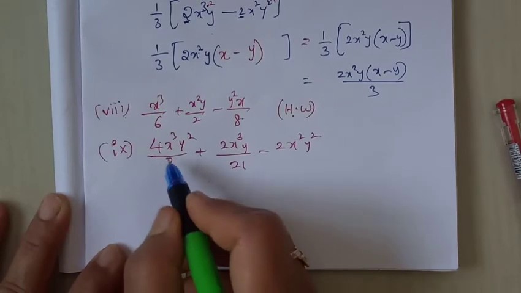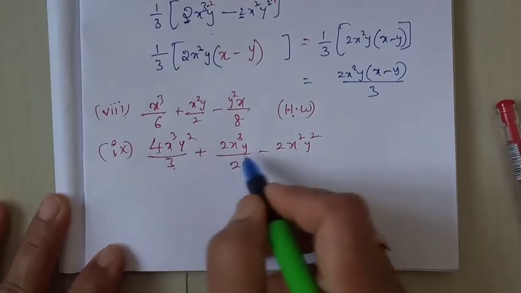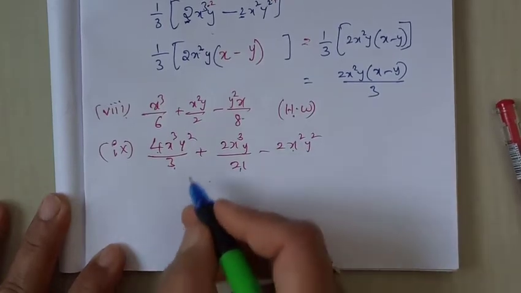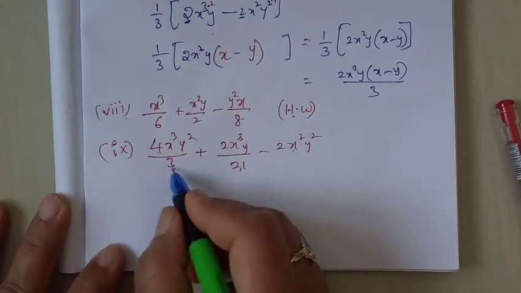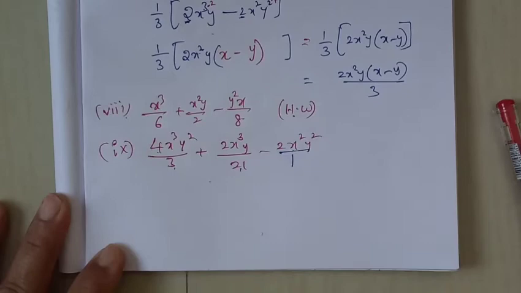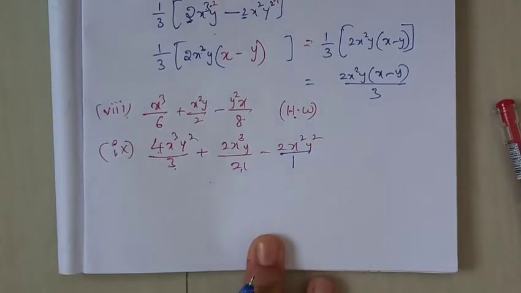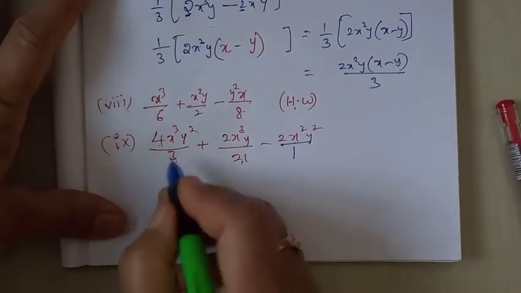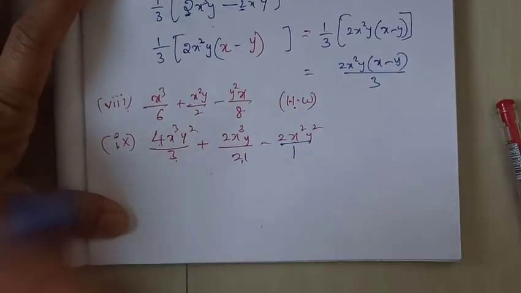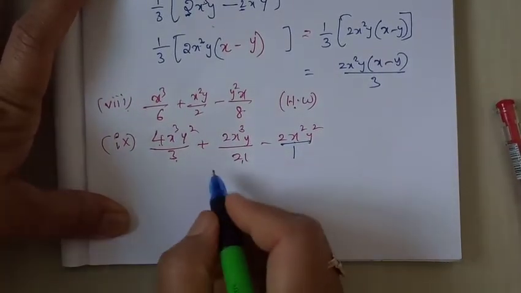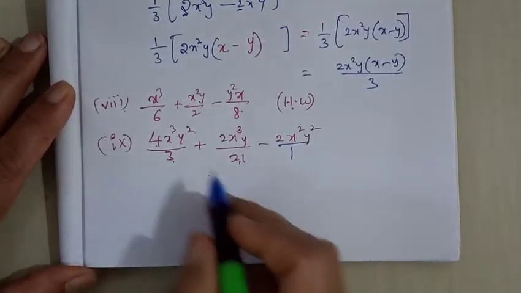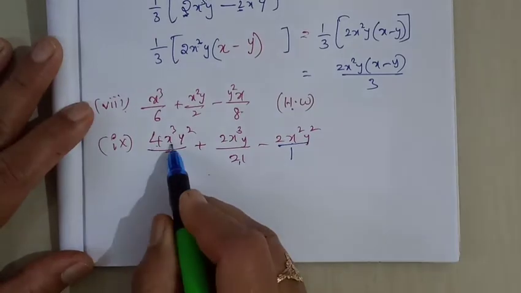And the ninth question is 4x cube y square by 3 plus 2x cube y by 21 minus 2x square y square. So here now the denominator is 1. Okay, and yes, 4x cube y square.